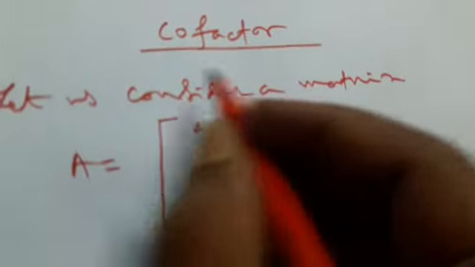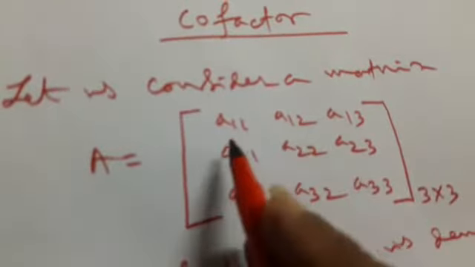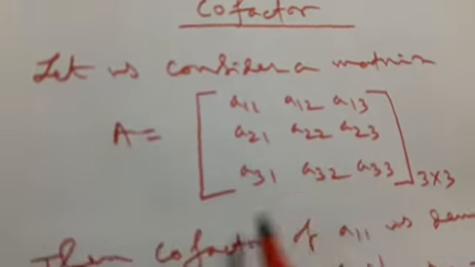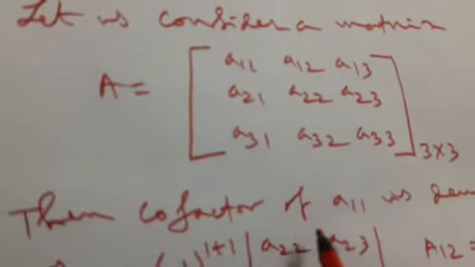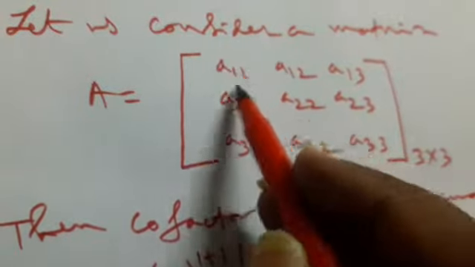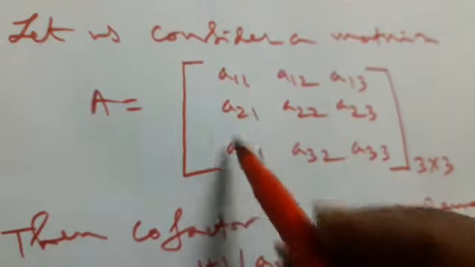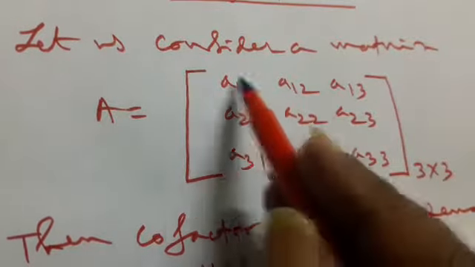We calculate the cofactor. Let us consider a matrix A with elements A11, A12, A13, A21, A22, A23, A31, A32, A33. Now the cofactor of A11: we calculate it row and column wise.